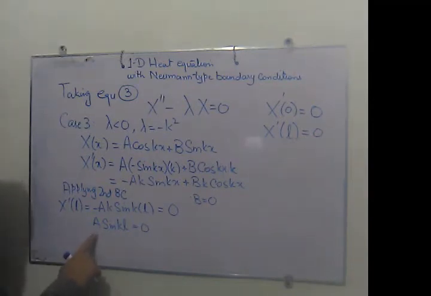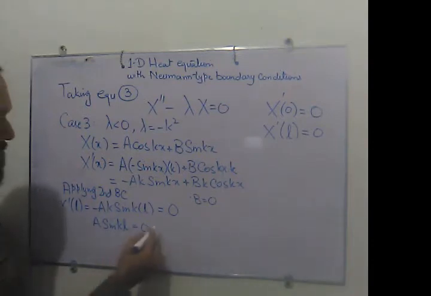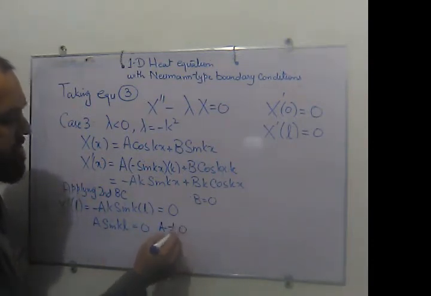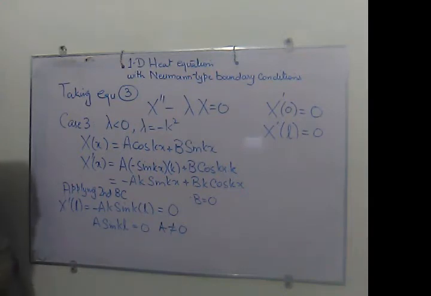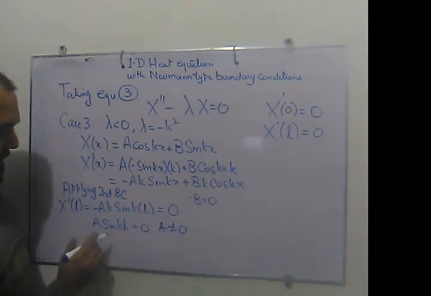Here we have a situation that the product of two terms a and sine kL is 0, but we have already got b is equal to 0, and if we also get a is equal to 0, then a and b both will be 0 and we will get a trivial solution, and now we have no case left to check. Therefore, forcefully we are going to say that a cannot be 0. We will save a, and when we save a, then we have to say that sine kL must be 0.